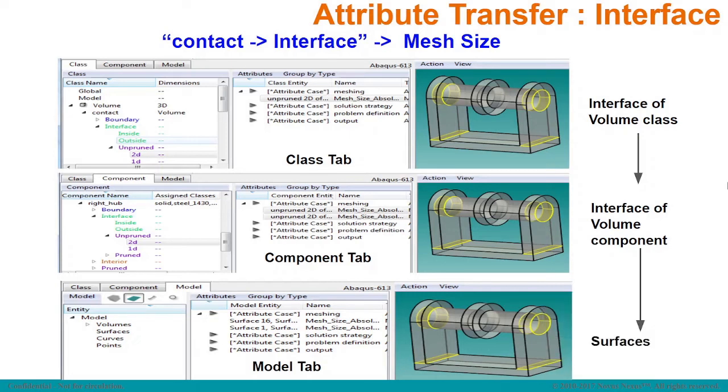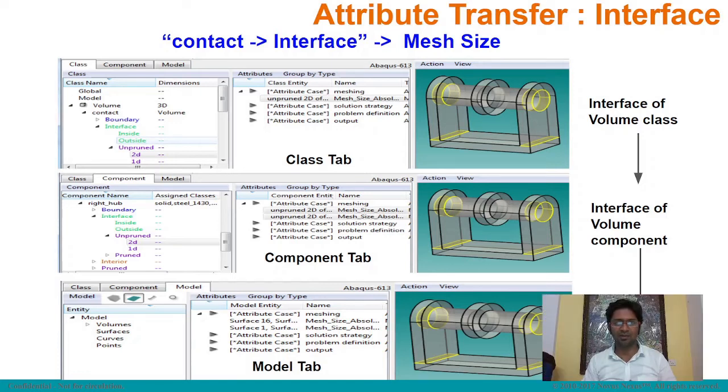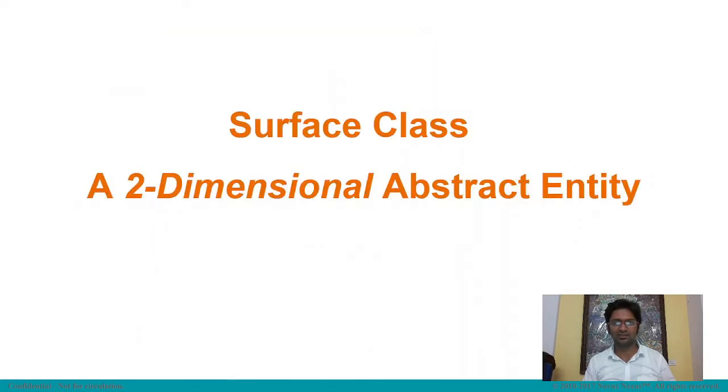Just to summarize, the attributes specified on the enclosure entity of the volume class, that is interface in this case, will get transferred to the respective component first, and after that to the respective geometrical entities. So that's all about the attribute transfer in the case of volume class.